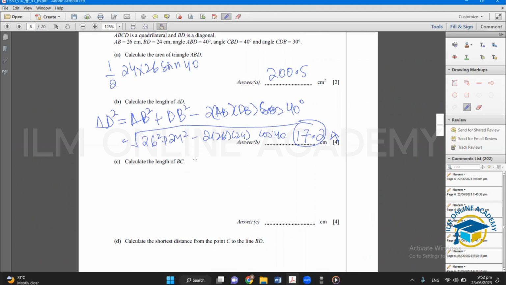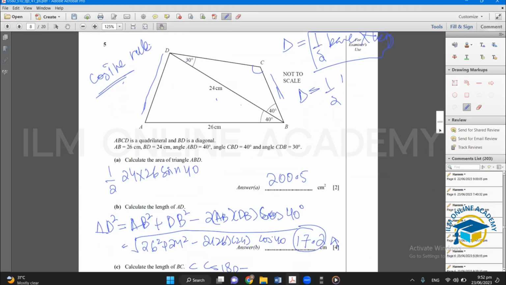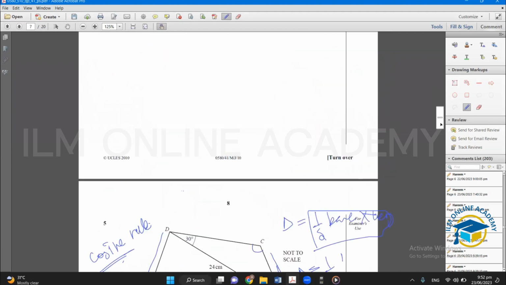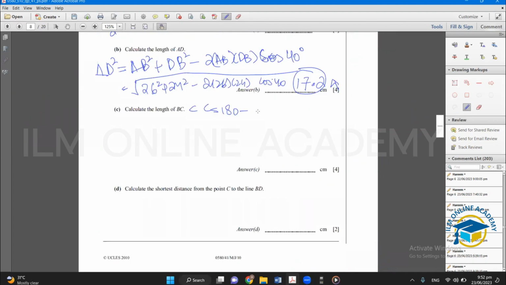Let's say the angle C is 180 minus 30 minus 40, which is basically 110 degrees. It means angle C is 110 degrees.